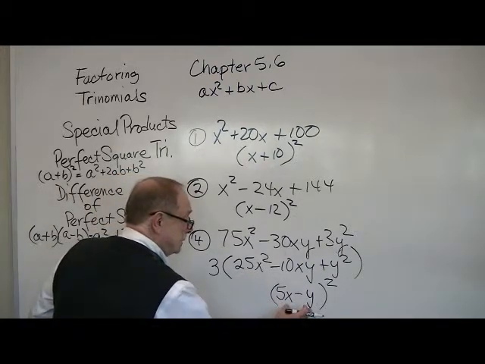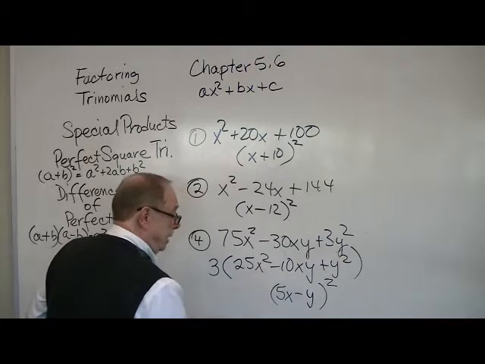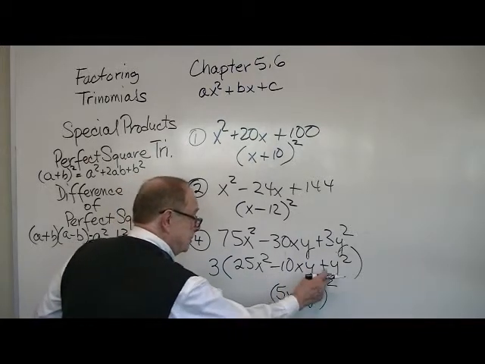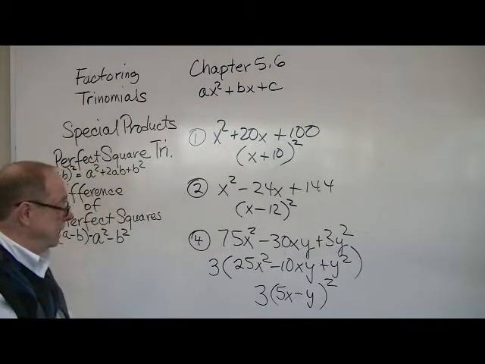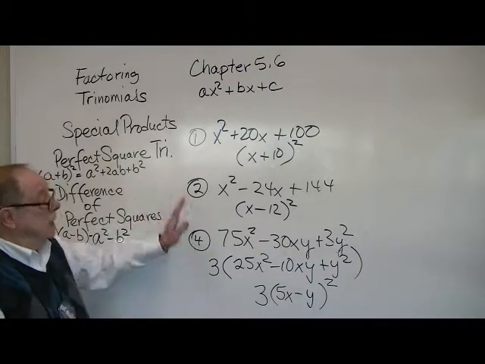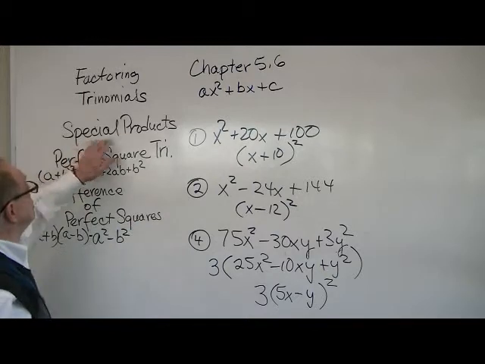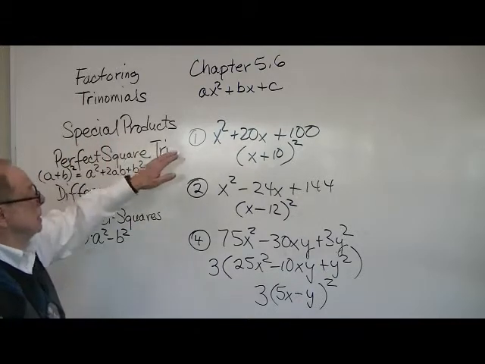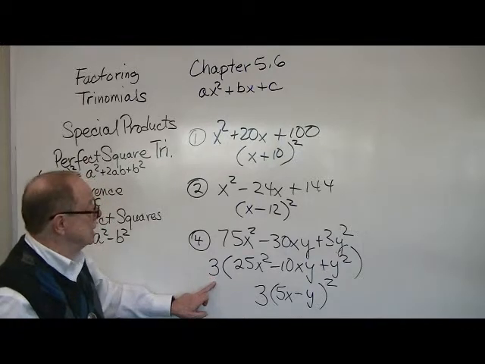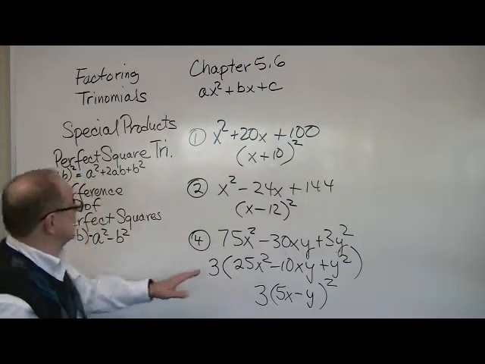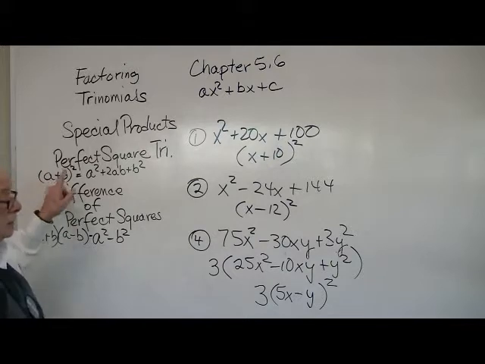Multiply these two terms together, double it, we get that. Square the last term, we get this. And don't forget you need the 3 in front. Okay, again it's a special product. Perfect square trinomial after we factor out the 3. And it will factor into a binomial squared.